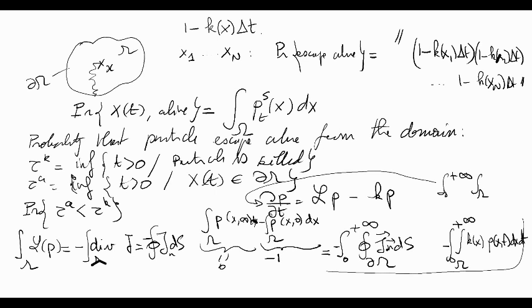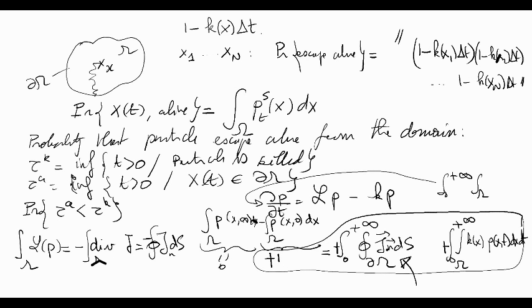So this now can be exactly reinterpreted in terms of probability. This is plus the k term, and now we can identify that the flux here is precisely the probability of escaping alive.